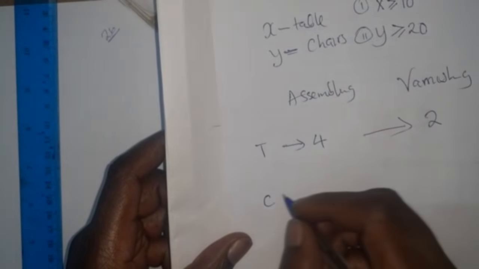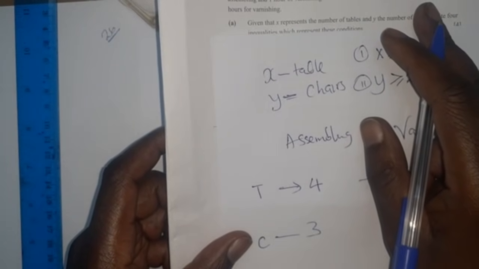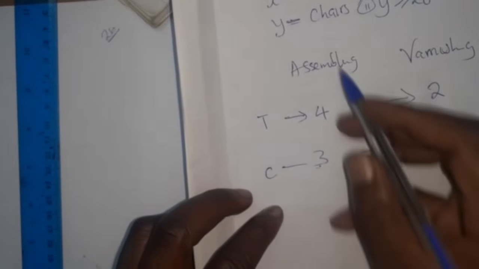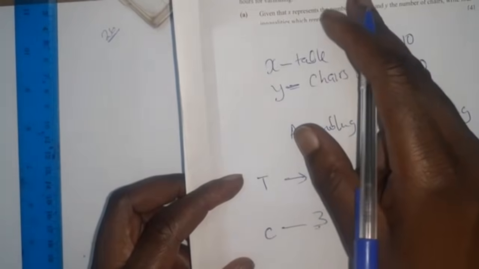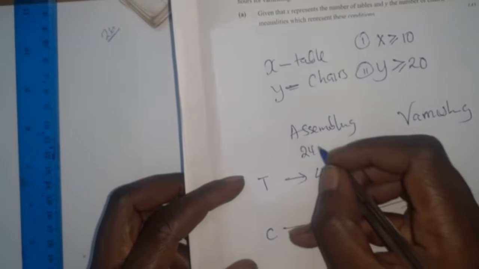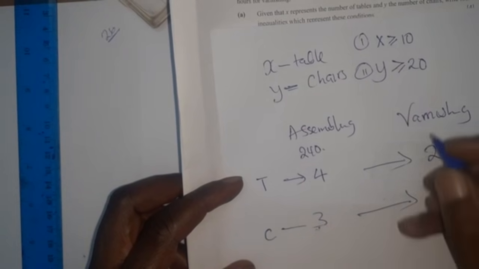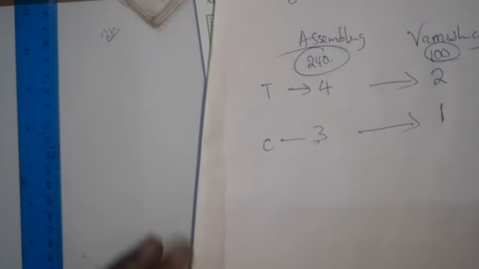Then each chair requires 3 hours of assembling and 1 hour of varnishing. Then there are 240 hours for assembling and 100 for varnishing. So how do we write this?